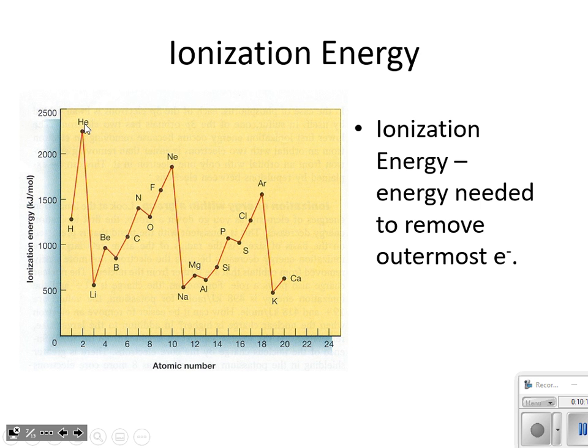Now, we talked about the alkali metals, right? The alkali metals have how many electrons on their valence level? Paige, what do you think? Here's the outermost energy level. Here it is.